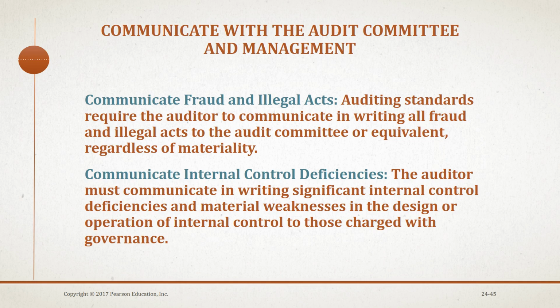Communicate internal control deficiencies. The auditor must communicate in writing significant internal control deficiencies and material weaknesses. What are significant deficiencies? What are material weaknesses? These are items that are so bad for the client's internal controls, it can lead to a deficiency in financial reporting.